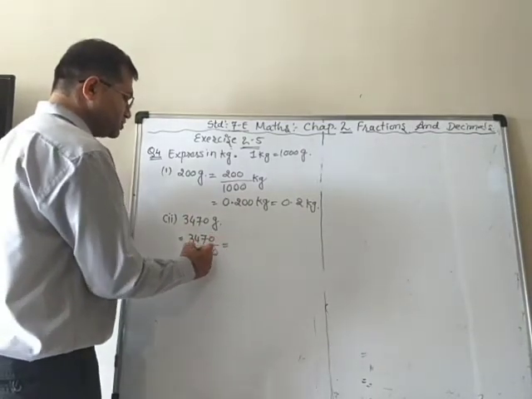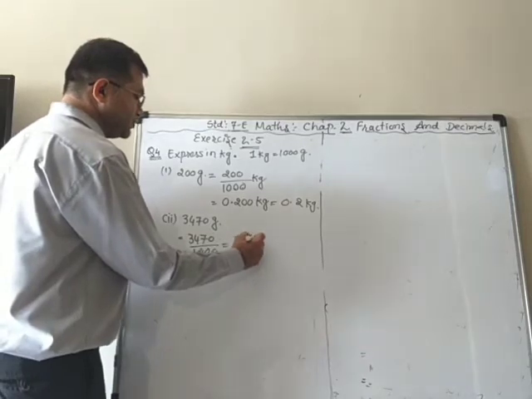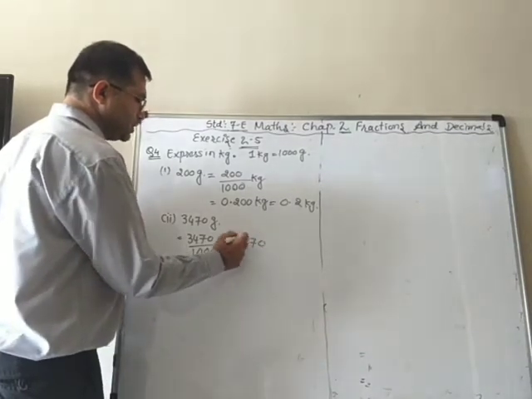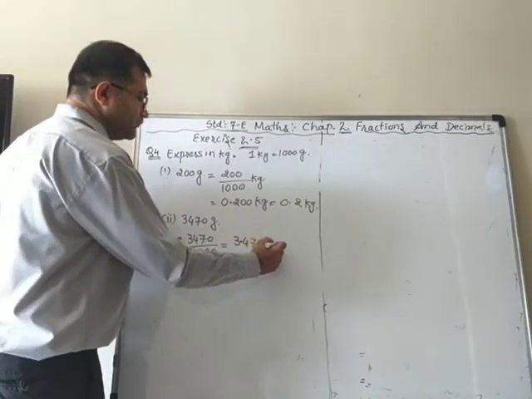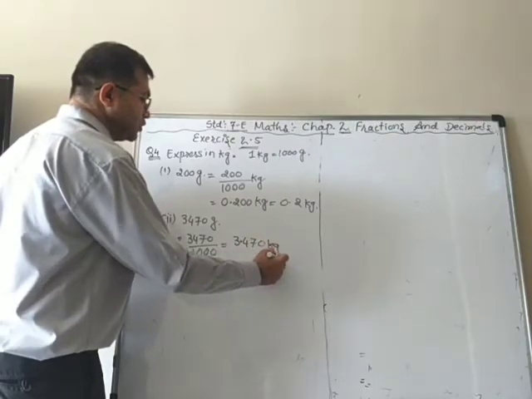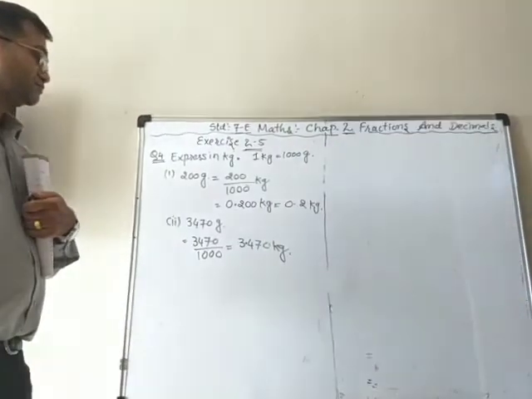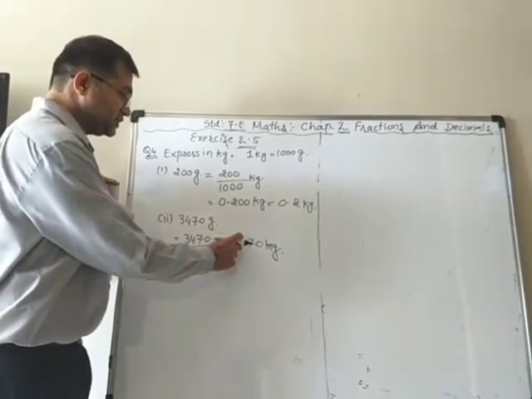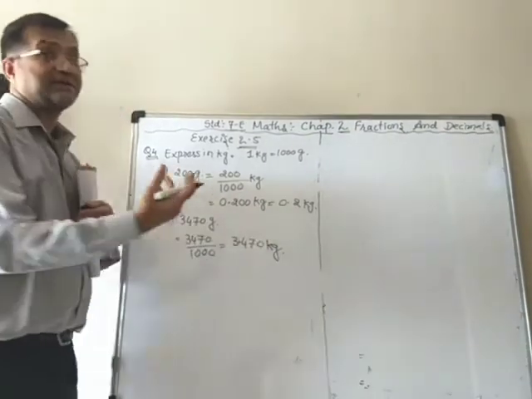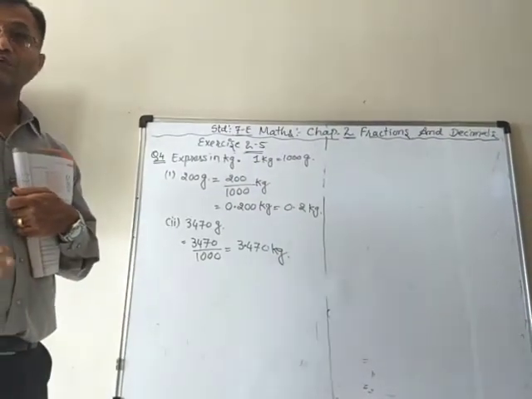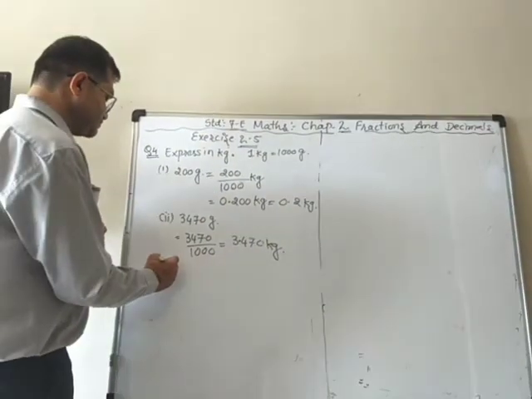So 1, 2, 3, means 3.470 kilogram. If you want to separate it, 3 kilogram and 470 gram, but you don't have to separate it.